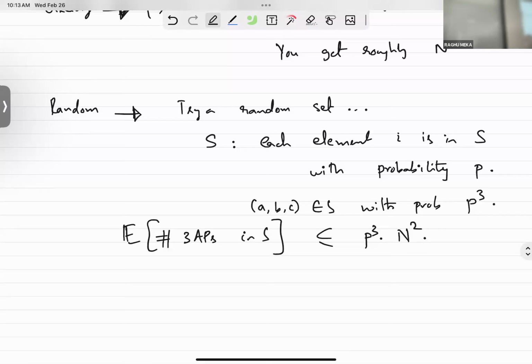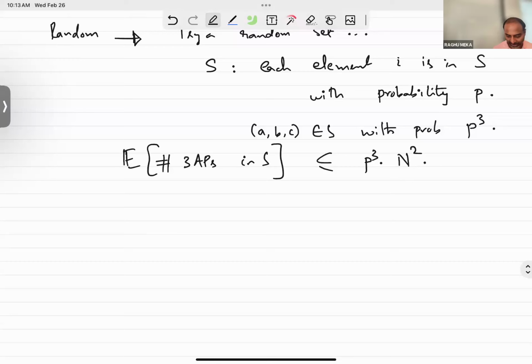So in particular, we want this to be unlikely, and that will be the case if I set p to be something like n to the minus 2/3, maybe a little bit smaller. Then this expectation is less than 1. So maybe some of the time at least I should see that there are no 3APs.